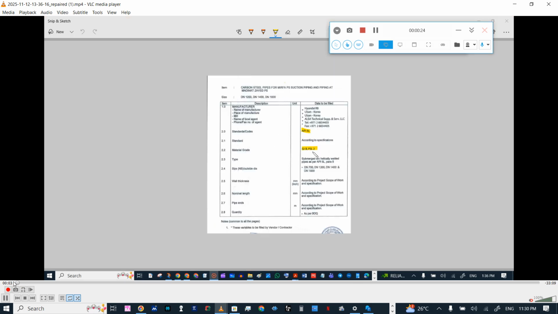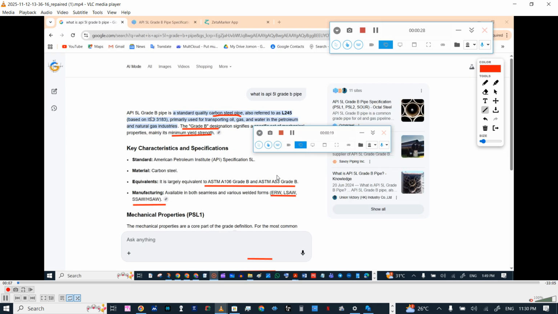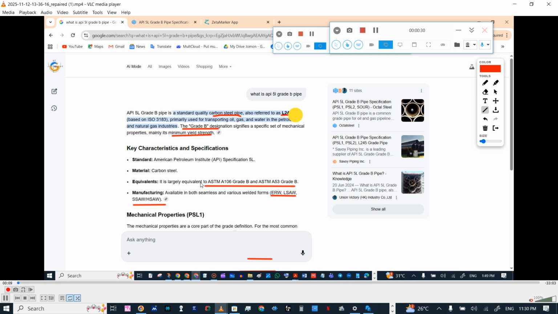API 5L Grade B PSL is what we are discussing here. It is a standard carbon steel pipe, also referred to as L245 as per ISO 3183.